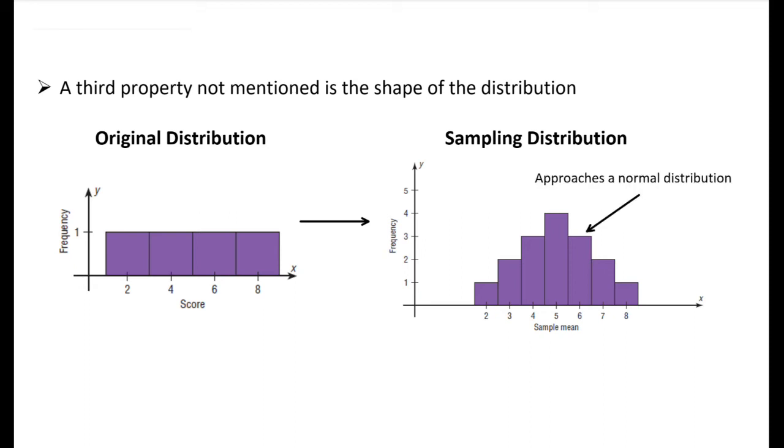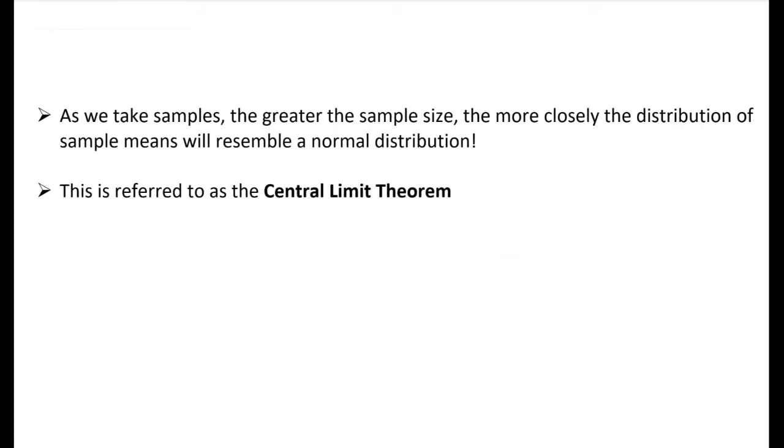And this approaches a normal distribution and is based off of the central limit theorem. So as we take samples, the greater the sample size, in this case we had a sample size of 2, if we did a sample size of 3 and so on, the more closely the distribution resembles a normal distribution.